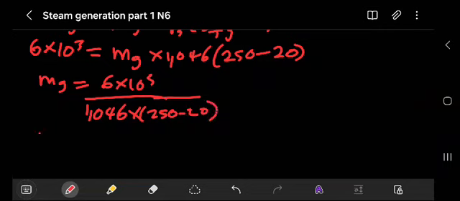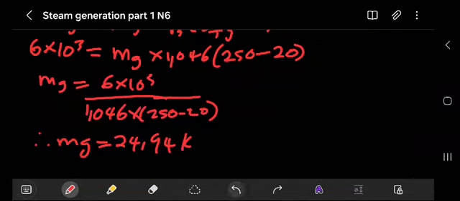So therefore mg, the mass of this gas, will be 24.9 kilojoules per kg, the mass is kg per kg of fuel, remember.